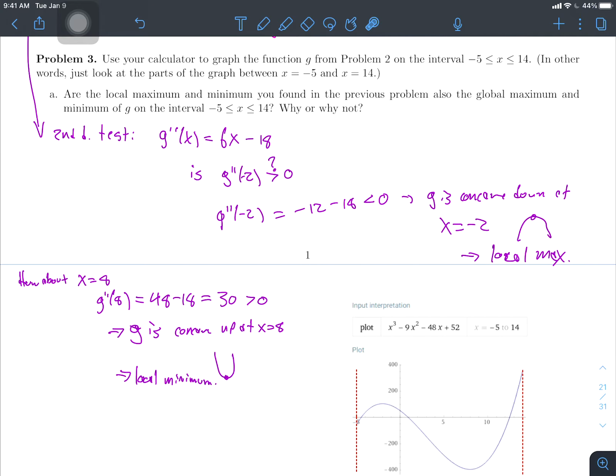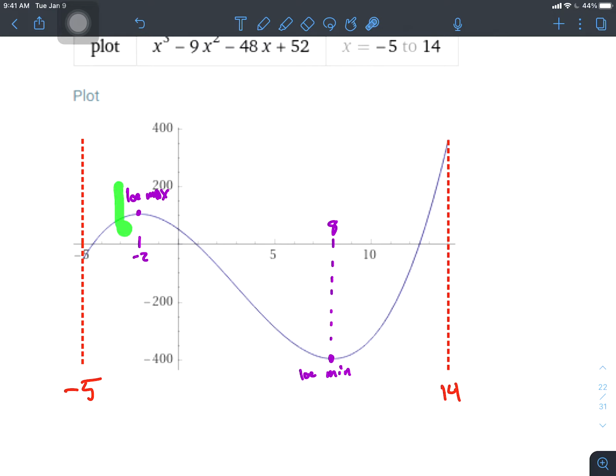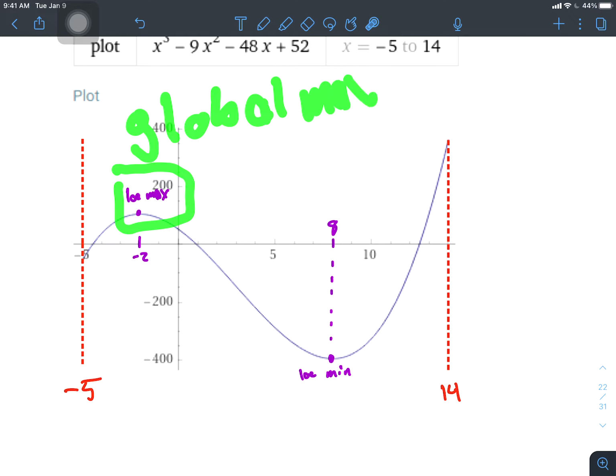So let's take a look at the function on the interval. Our 2 points, this was -2, and then we had 8. So this is where we got our local min and our local max. So the question is, is x equals -2 the global maximum of this function on the interval from -5 to 14?